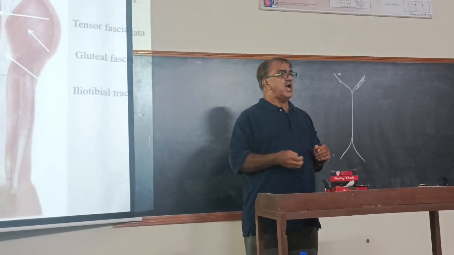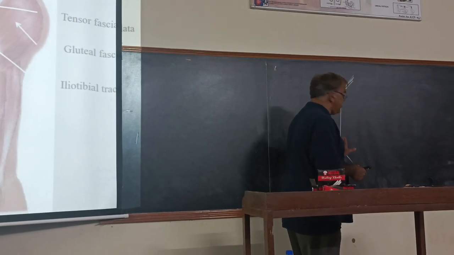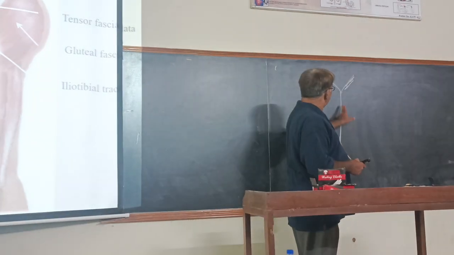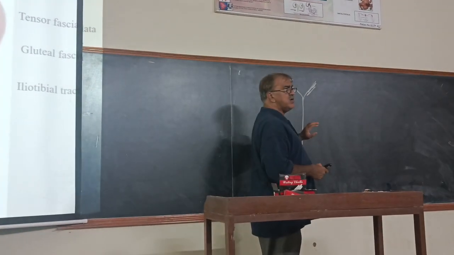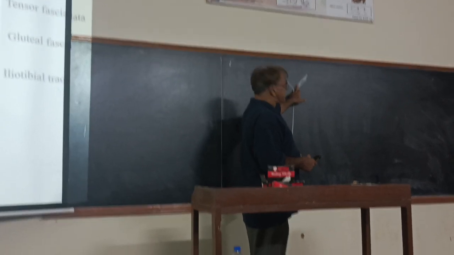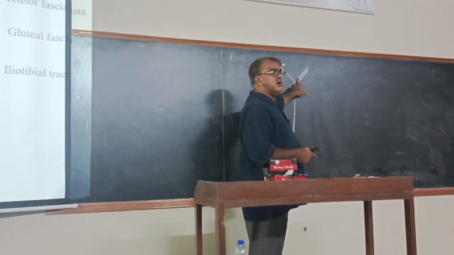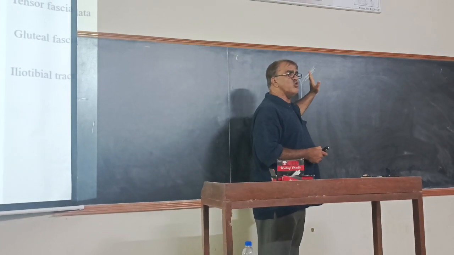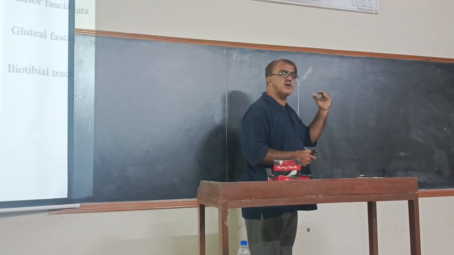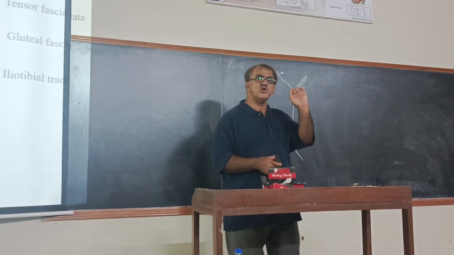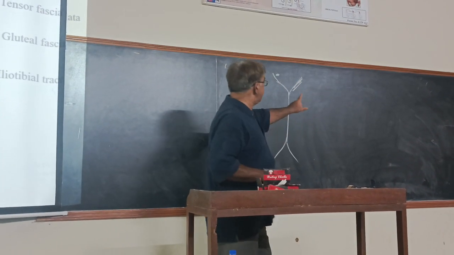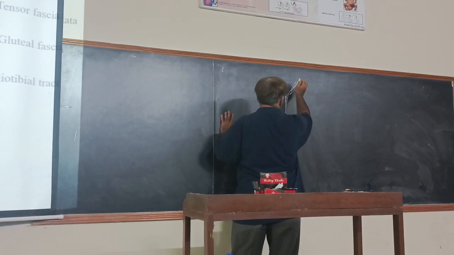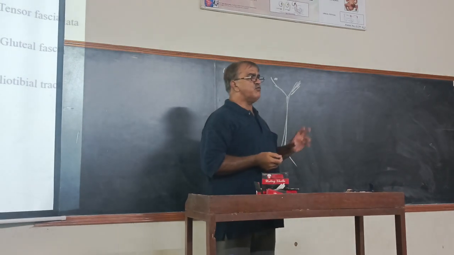Adductor magnus is attached to the whole of the linea aspera, the middle of the linea aspera. Lower down it is going to the medial supracondylar ridge. Upward it is going to this lateral aspect. Now see, this is the muscle of the medial compartment, the adductor compartment. Now, gluteus maximus is a muscle of the posterior compartment. Now, just using your common sense, you see that this is the muscle of the medial compartment, and this is the muscle of the posterior compartment, which should be on the medial side.